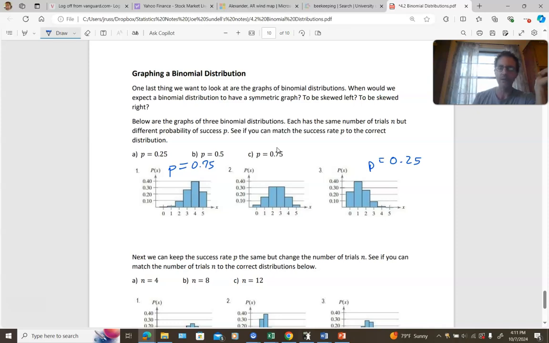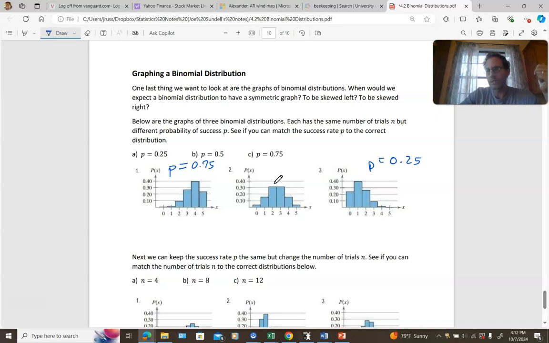Okay, so this would correspond to 0.75. And then whenever P is close to 50%, most of your probability is going to lie right in the middle. And the reason is because if you're expecting as many successes as failures, you're looking at 50-50 essentially, right?